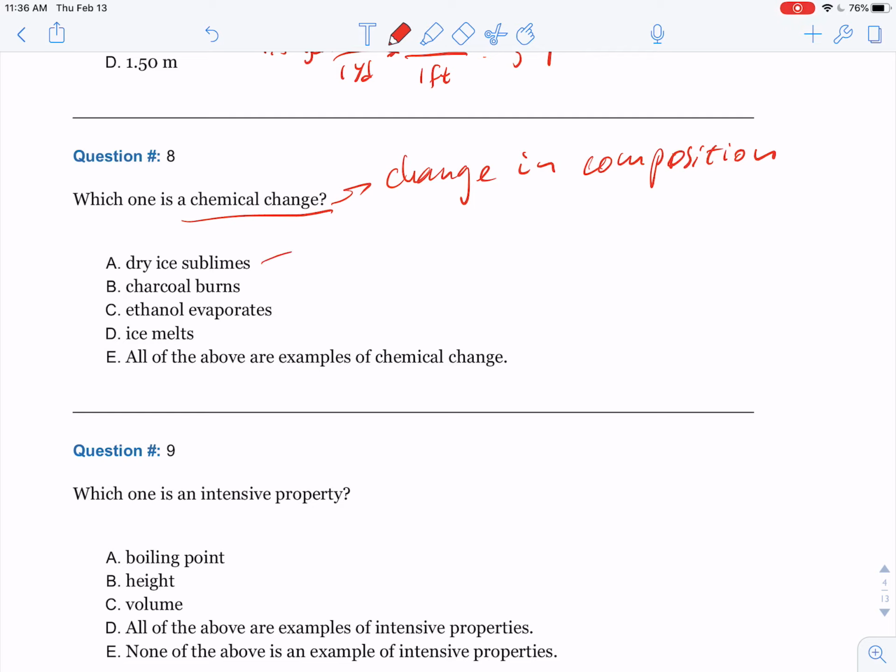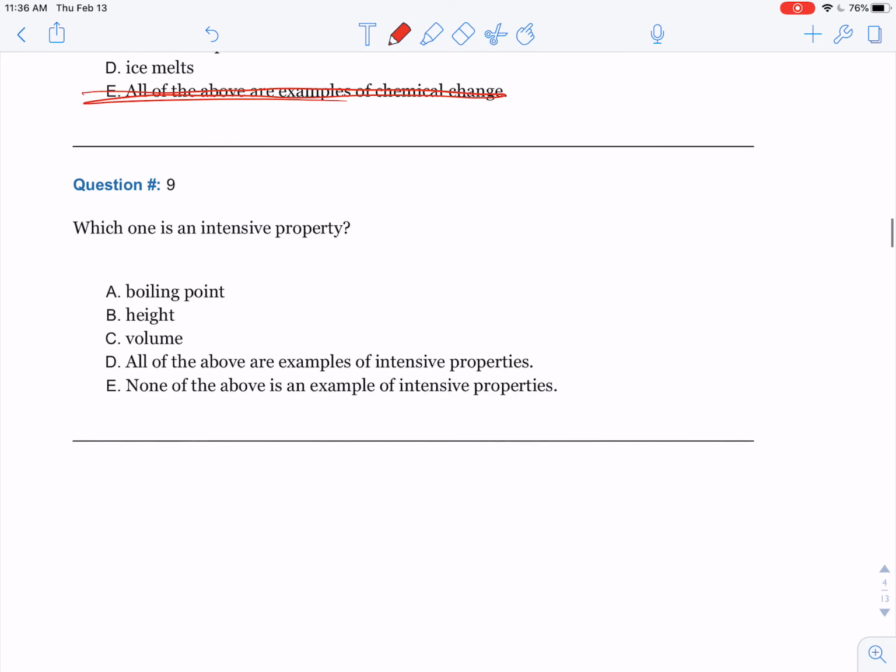If it sublimes, it's just CO2 in the form of gas, so that's physical. Charcoal burns. So yeah, you start with the charcoal and then you end up with ashes. That's a chemical change. Okay, so the answer is here because it's just one. Just by the fact that there is some physical change in the first option, then you cannot say that all of the above are examples of chemical changes.